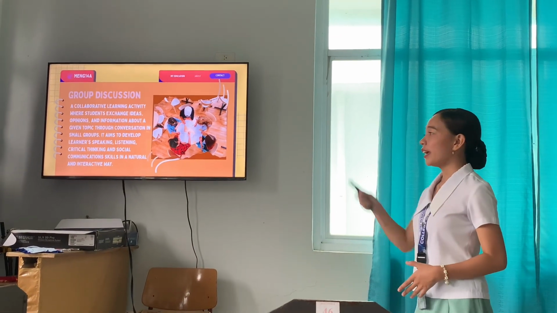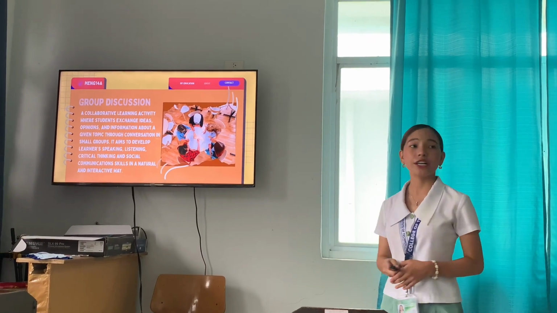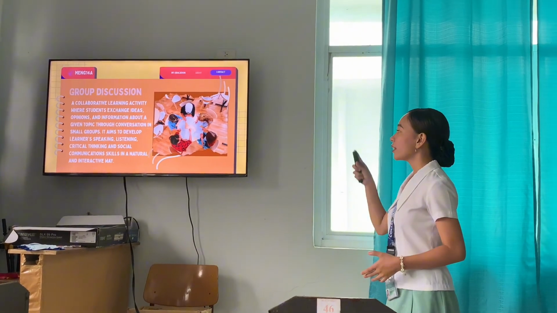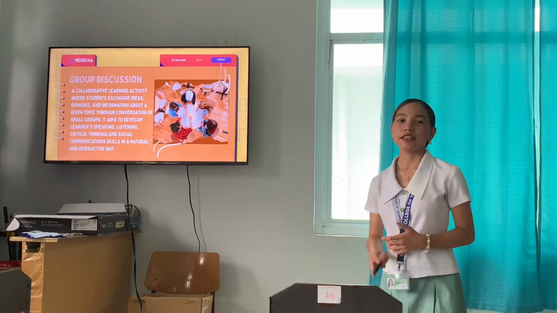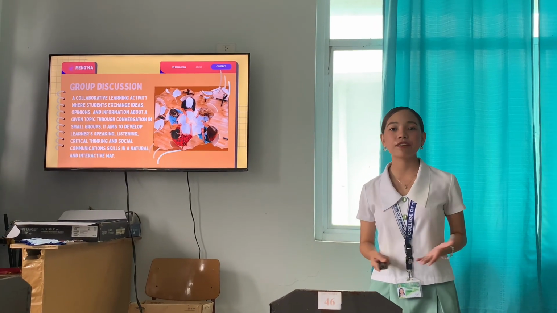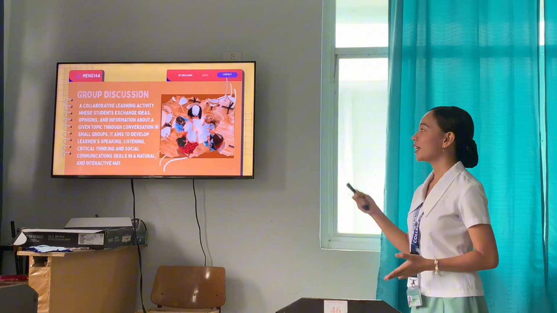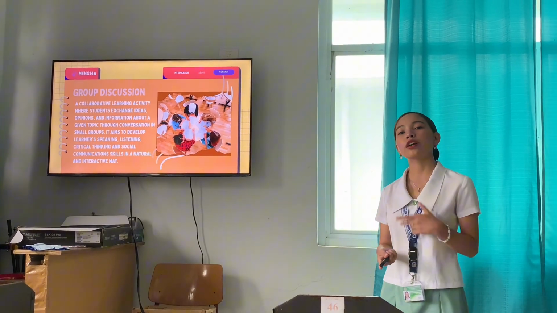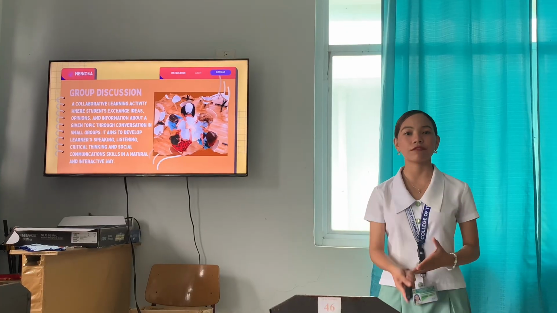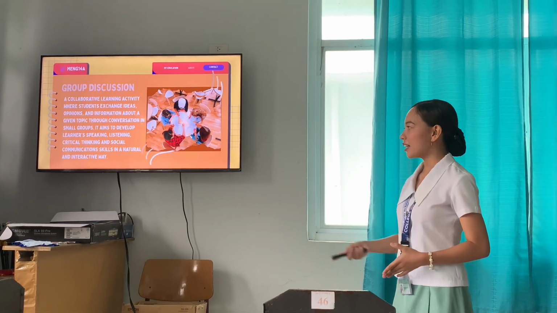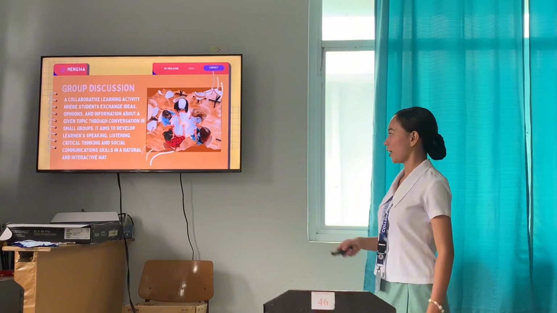It also aims to develop the learners' speaking skills because they are able to speak to one another, and listening because they should listen to others' perspectives or ideas, and critical thinking as they solve a certain issue, problem, or activity that you give to them, and social communication skills in a natural and interactive way.